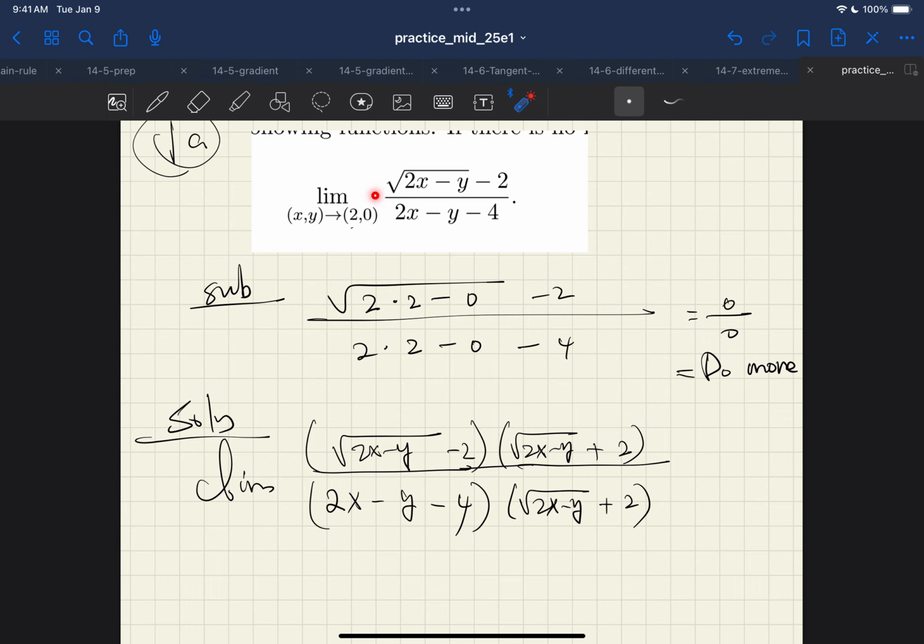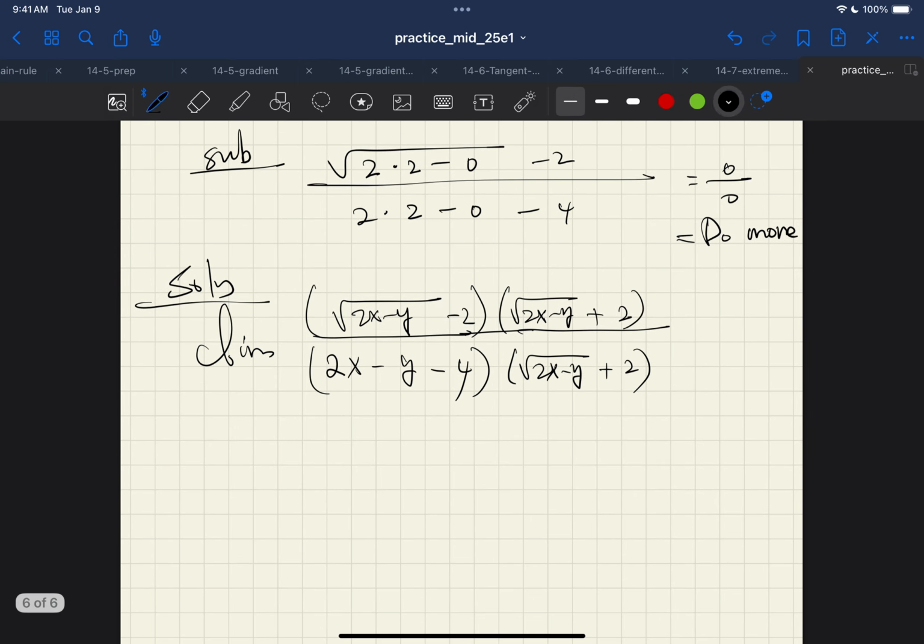So the original function is here. Now what I did is I multiplied by 1, something over itself. So I didn't change anything, but the nice thing about this is we can rationalize this.